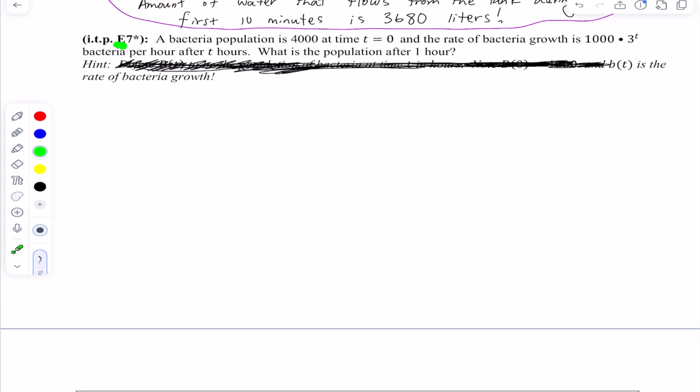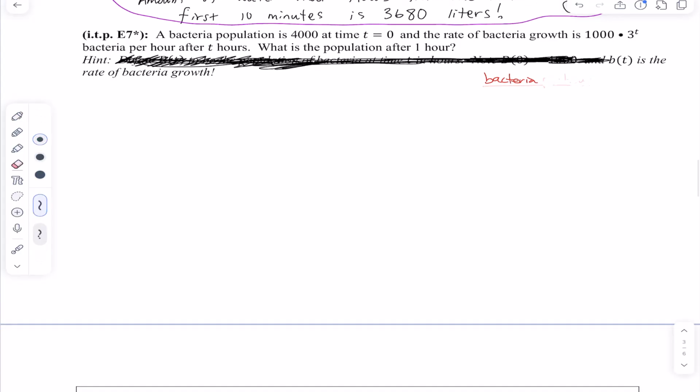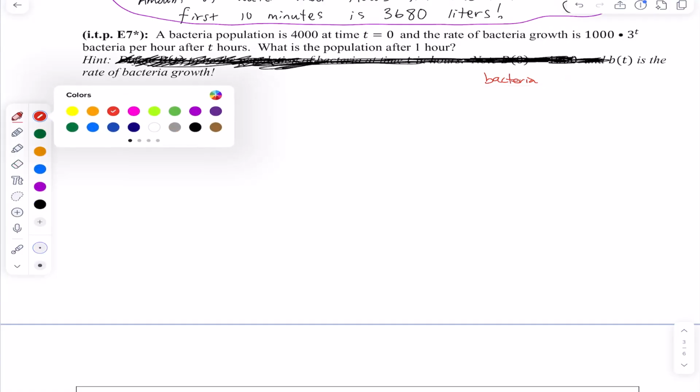My first search is to look for this rate of change, which is measured in bacteria per hour. I'm going to write that down. Bacteria per hour. And if I take that and multiply this by a small interval measured in hours, our units will change.